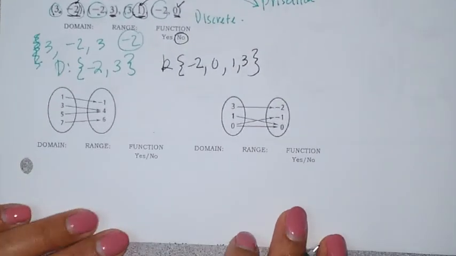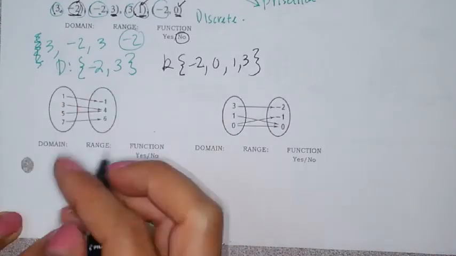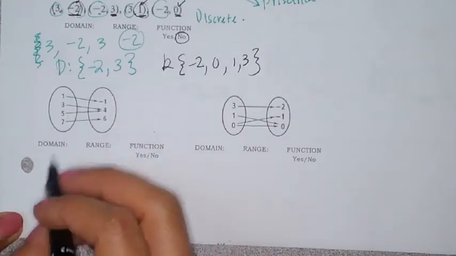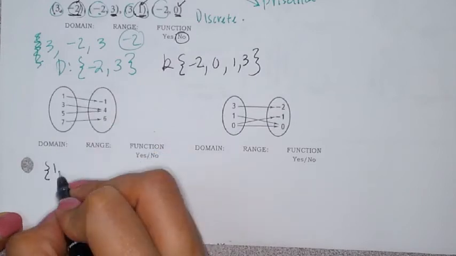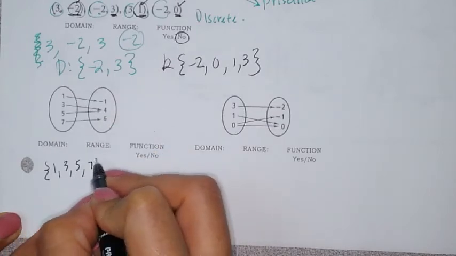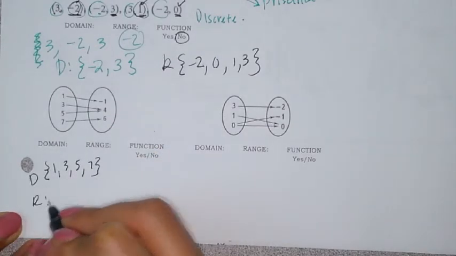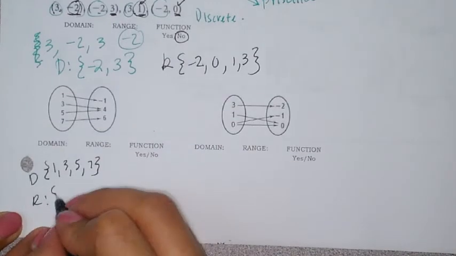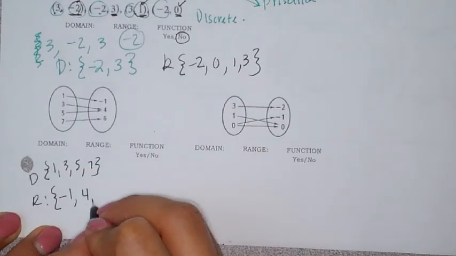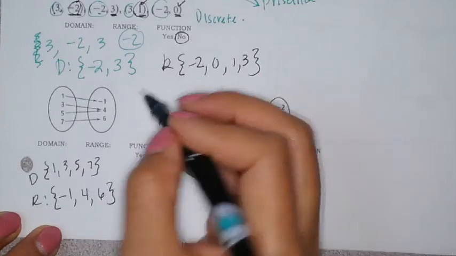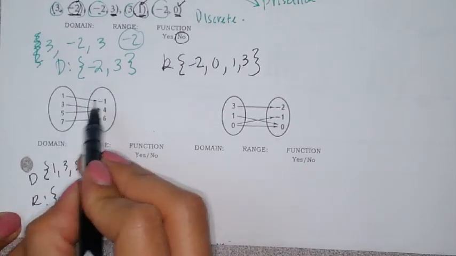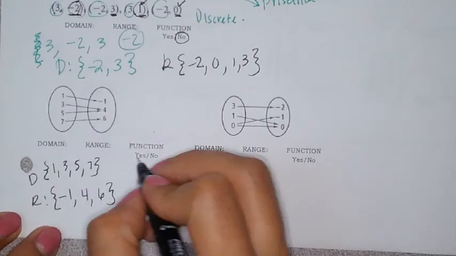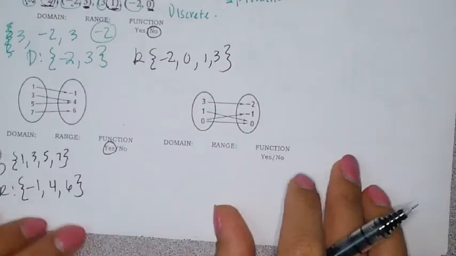This one, the domain is already in numerical order, and these are discrete if they're like this. So 1, 3, 5, and 7 would be my domain. My range is already in numerical order, -1, 4, and 6. It looks like every input has its own output, so this is, yes, a function.